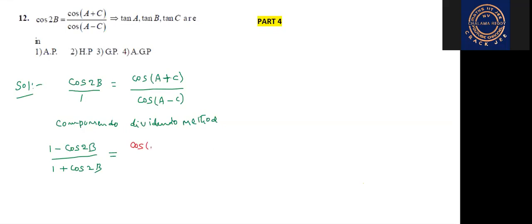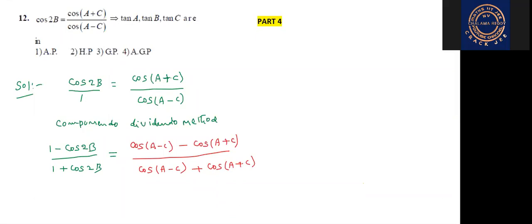Cos of a minus c minus cos 2b means the numerator cos of a plus c, the same in the denominator also. 1 means cos of a minus c plus cos 2b means cos of a plus c. 1 means denominator, cos 2b means numerator.